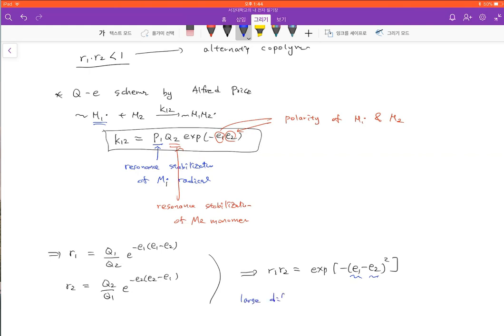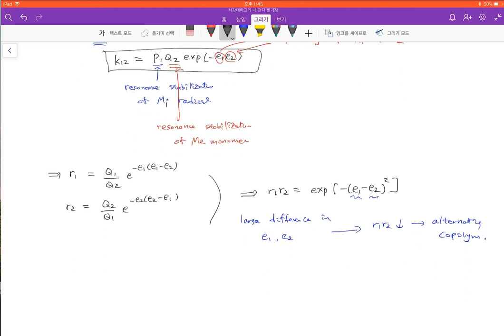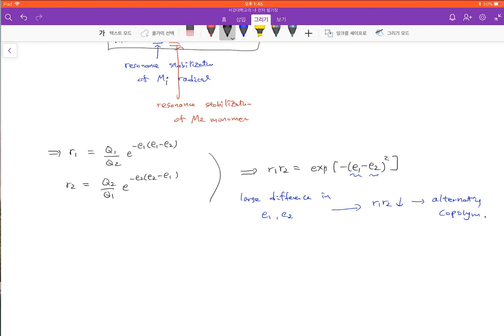Since small e1 and e2 represent the polarity of radical and monomer respectively, if there is a large difference in polarity, e1 and e2, then r1 times r2 would decrease, right? Then the copolymer would be more alternating, right?